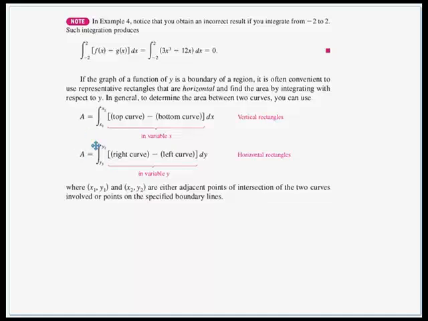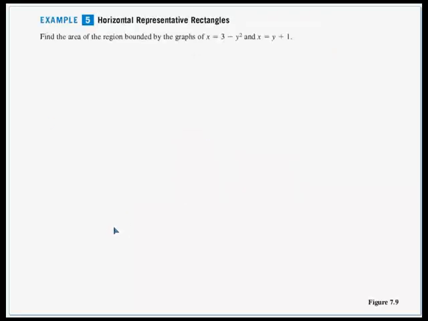But other times it might be better to use horizontal rectangles to integrate from the y-axis, from y1 to y2, the curve on the right minus the curve on the left, integrating with respect to y, where x1, y1 and x2, y2 are either adjacent points of intersection of the two curves involved or points on the specified boundary lines. So let's check one of these examples out.